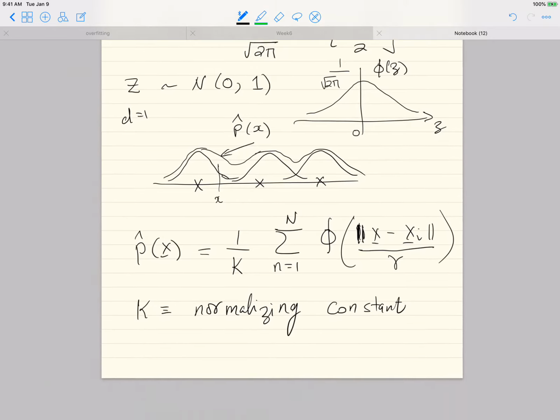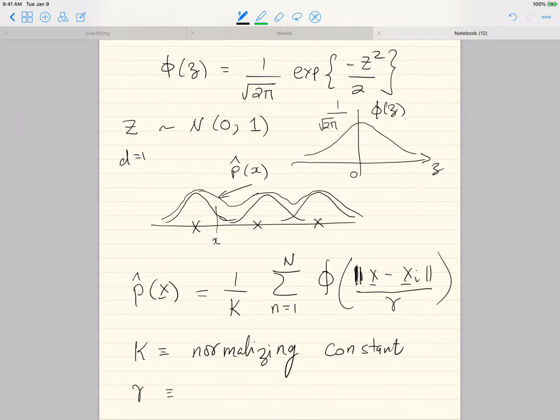Okay? R is actually known as the kernel width. It tells you how wide or how narrow each individual Gaussian will be. So if you look at phi of z by r here, if r is large, what will happen to this function? Will it stretch or will it shrink?